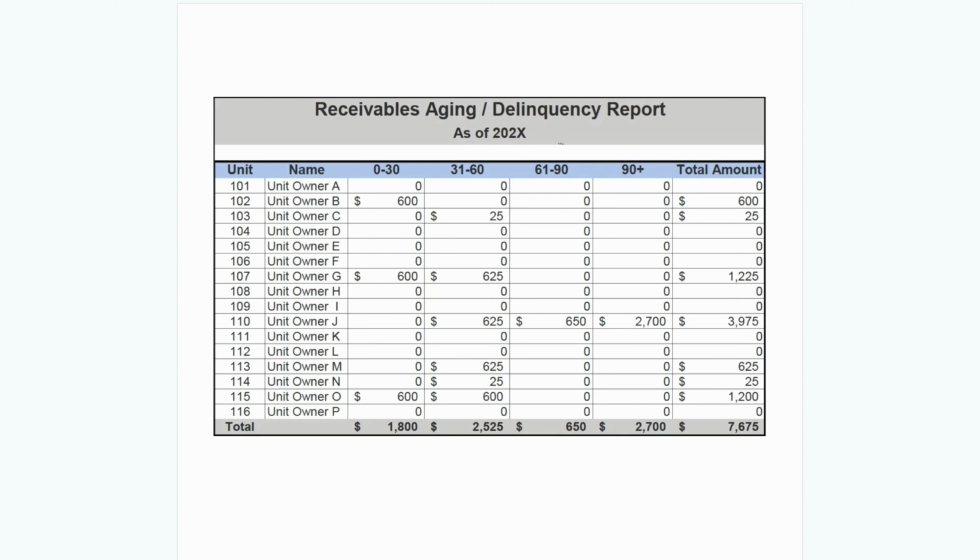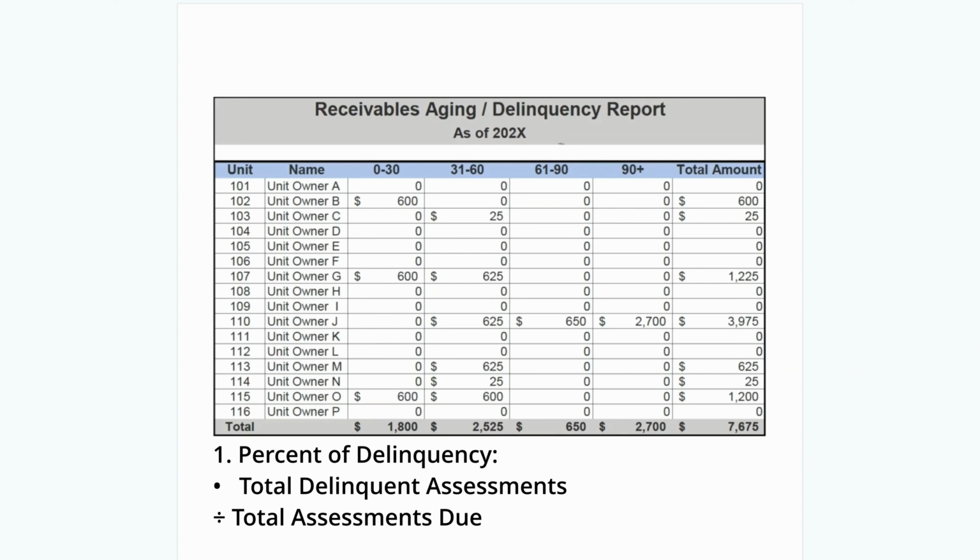First, let's calculate the total percentage of delinquency using the formula: percentage of delinquency equals total amount of delinquent assessments divided by total amount of assessments due, times 100.